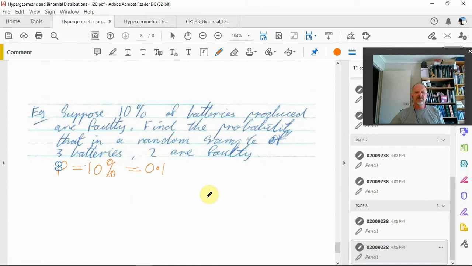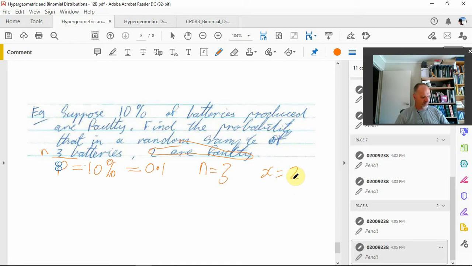Find the probability that in a random sample of 3 batteries, so n equals 3, that's our n, 2 are faulty, so that's what we're looking for, x equals 2.